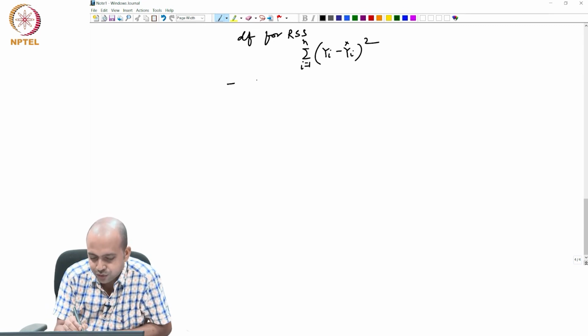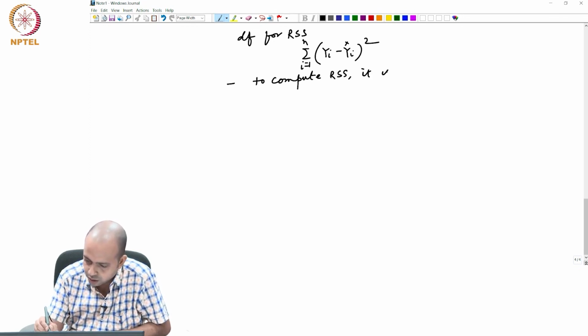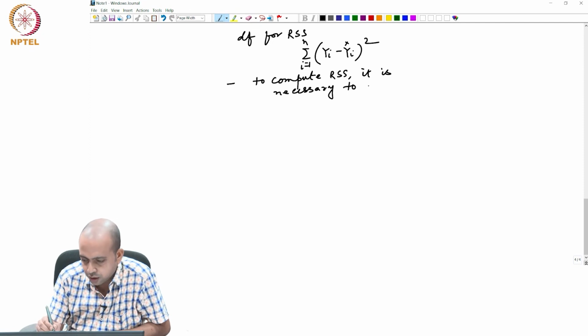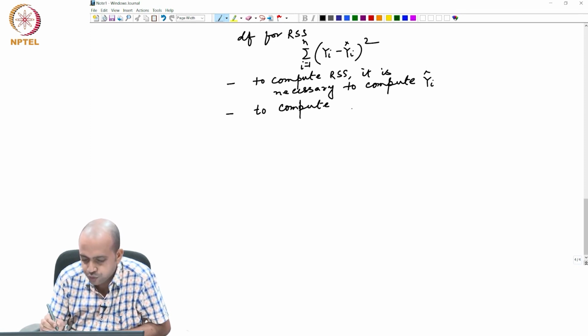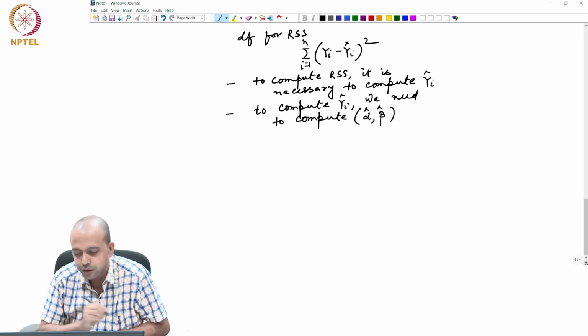That means from here what I can understand is that to compute RSS, it is necessary to compute yi hat, and to compute yi hat, we need to compute alpha hat and beta hat, right.